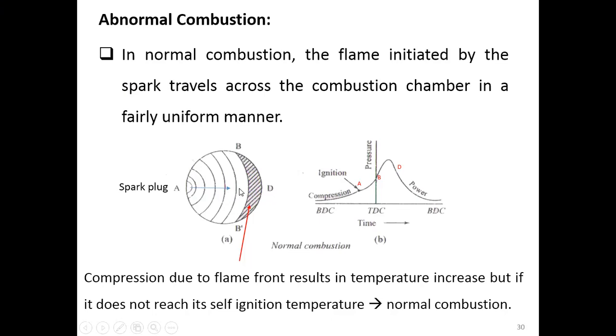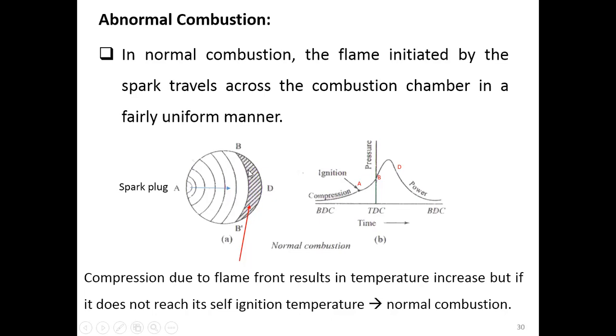Along the way that it travels, you can see that the flame front here gets the effects from compression, from the flame that travels behind. So this combustion at the flame front results in a temperature increase in these regions.